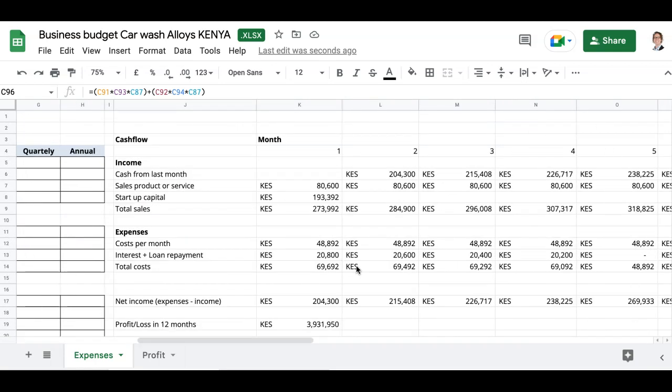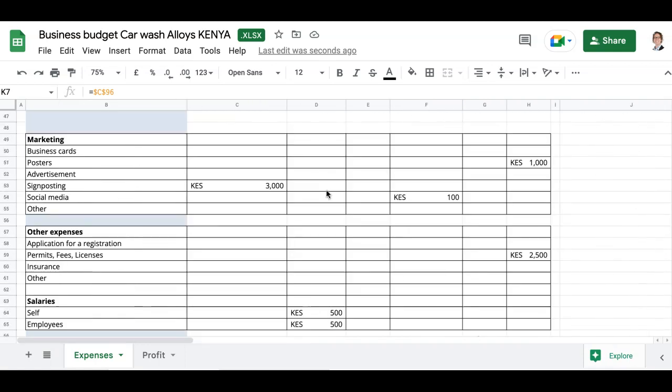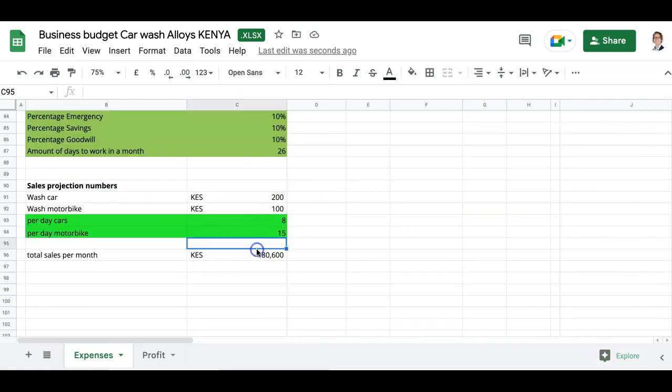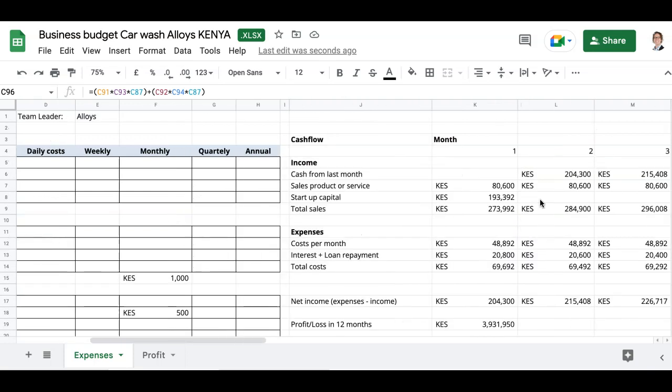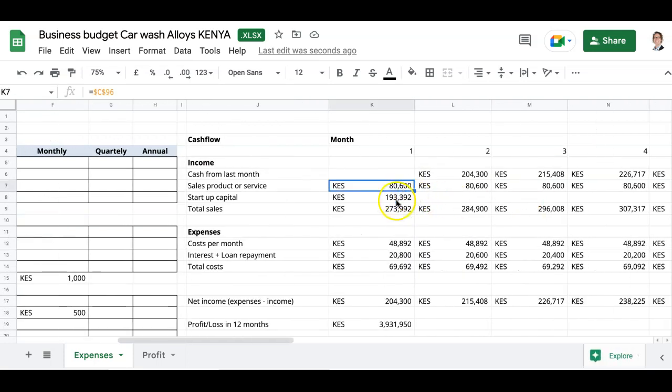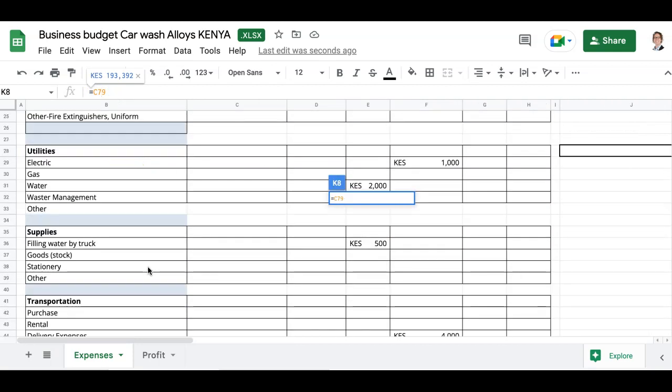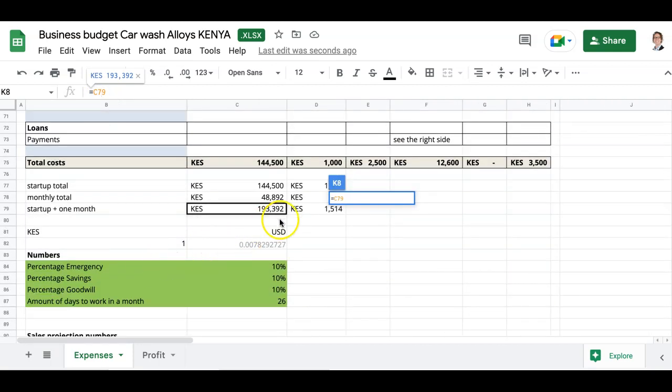Okay, so what I'm doing now, I'm going to the cash flow. So what happens with the money? So for example, in month 1, we get 80,600. So it's exactly the same as here, the same number. Yeah, so if this number here changes, then it also changes here. Then the startup capital is C79, which is this startup plus 1 month, because you also want to have 1 month of extra capital.